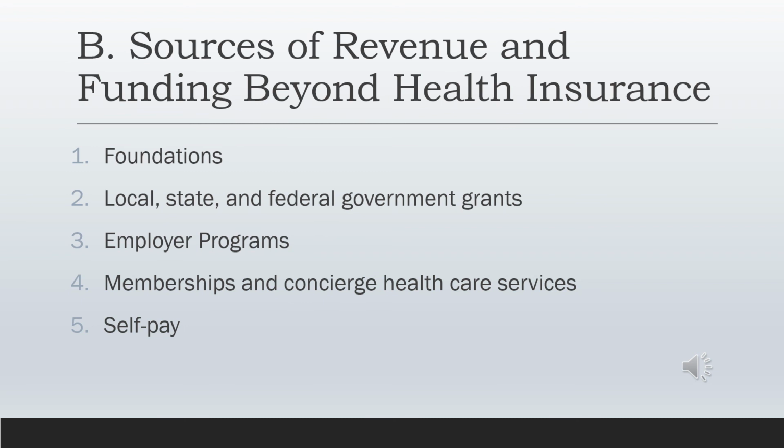There are large national foundations or smaller local foundations that could support nutrition-related initiatives, educational programs, and pilot projects. Now, these funds could support the work of nutrition professionals. Government grants often fund health initiatives and programs that utilize nutrition services.